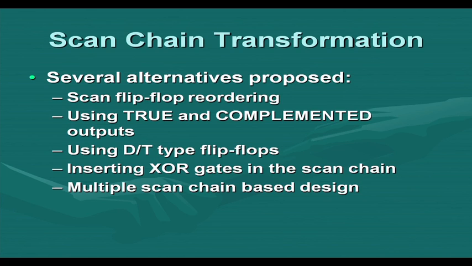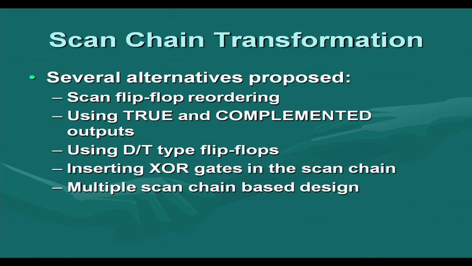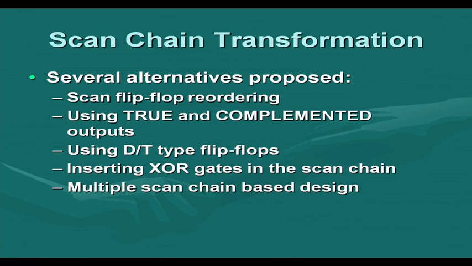Another class of techniques by which we can reduce this scan power are known as scan chain transformation techniques. One possibility is the scan flip flop reordering that we have already seen, like scan cell reordering basically. Traditionally these scan chains are made up of D flip flops, where the Q output of the previous flip flop is connected to the D input of the next flip flop.